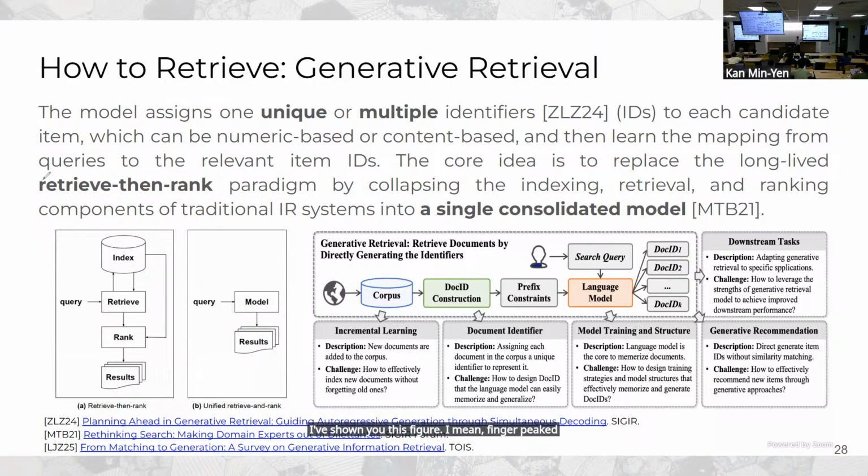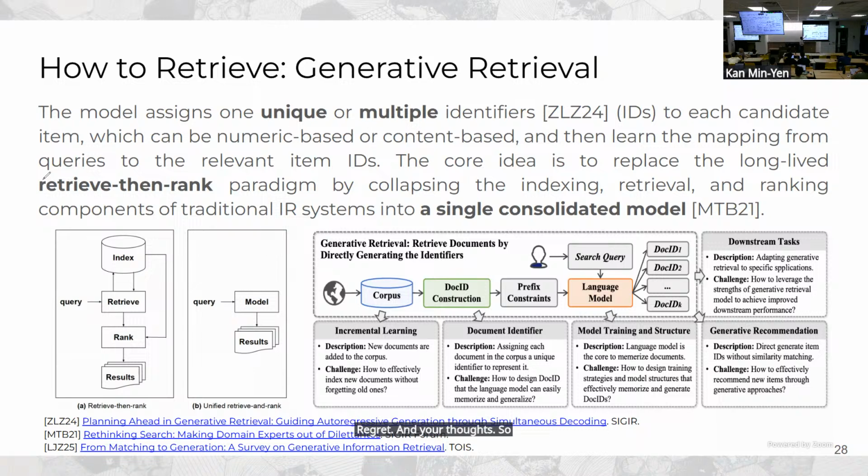Given the corpus or the data collection, we perform indexing. That means we construct the index first. Given the constructed index, we perform retrieval. That means for a query, we retrieve from the index and we rank and provide the results.